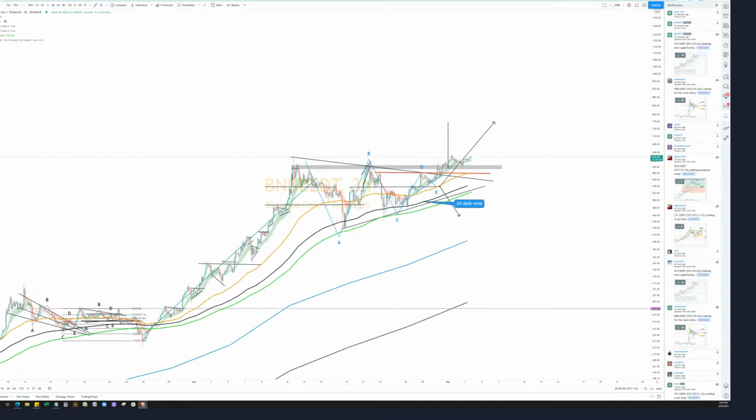And if you look across, and remember that there's many layers of resistance and support, and we have this significant resistance here. This is the main one, and I'll make that in yellow.